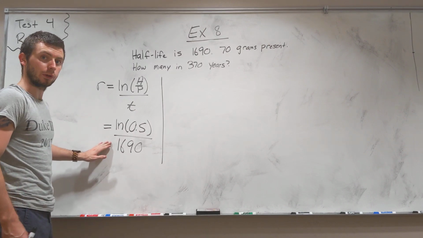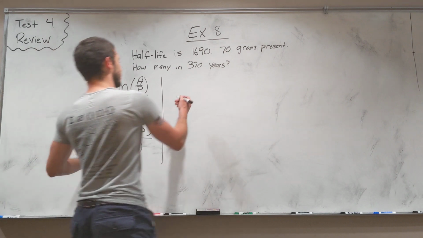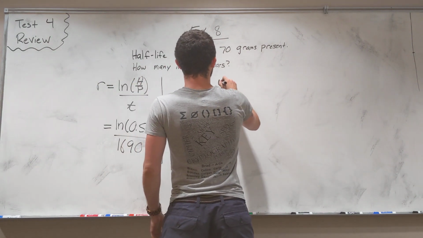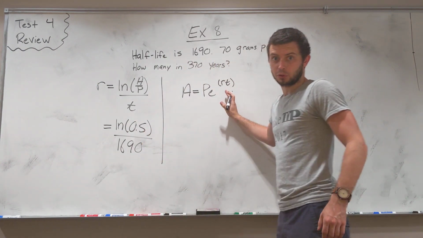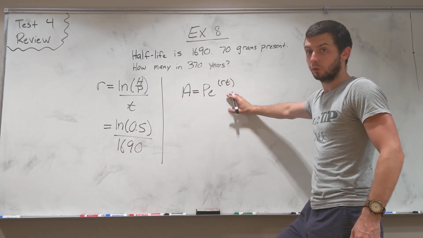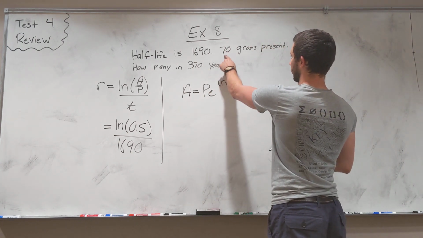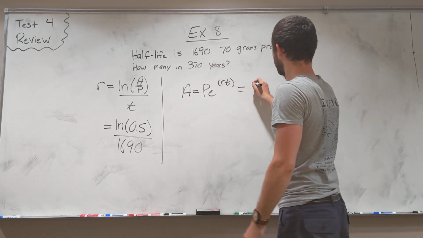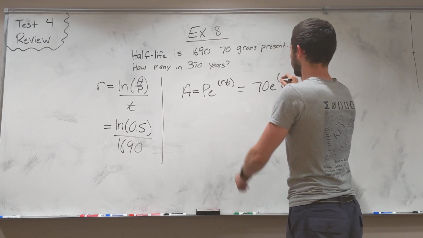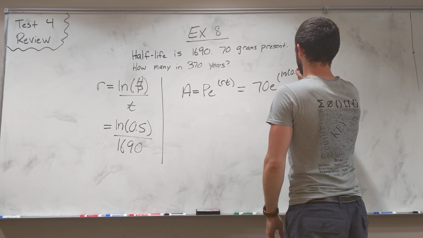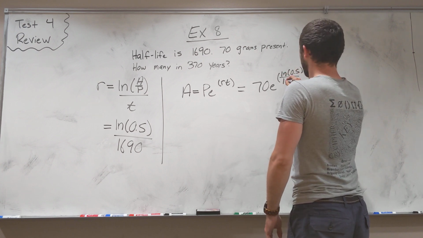And then once we figure out the rate, we know that the formula for exponential growth or decay follows Pert. The initial amount, they gave us 70 grams are present, times e raised to the rate, which we found over here as natural log of 0.5 divided by 1690.